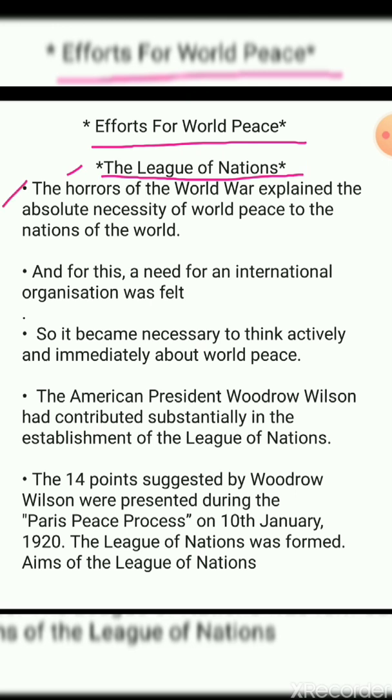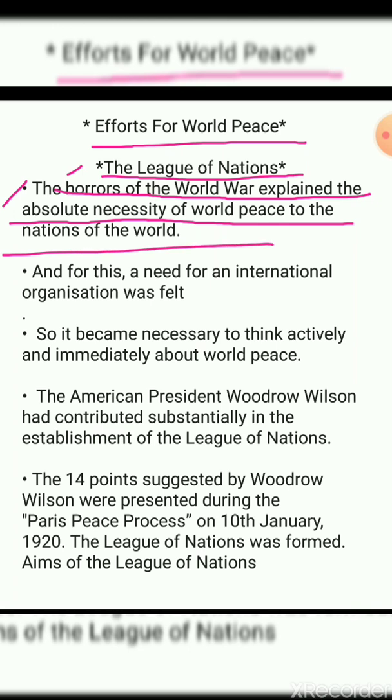First, the horror of the World War explained the absolute necessity of world peace to the nations of the world. As I said, students, seeing the horrible impact of the World War, the whole world needed peace. And for this, the need of an international organization was felt, because only an international organization can work for world peace.